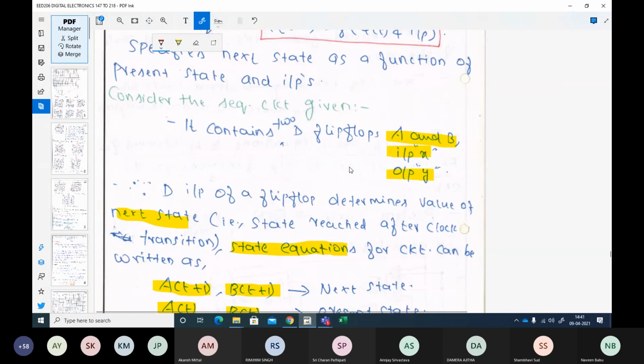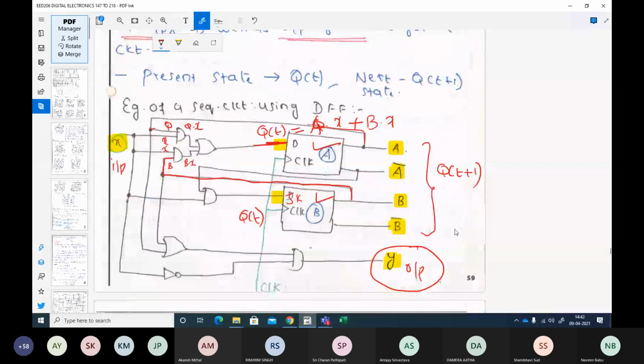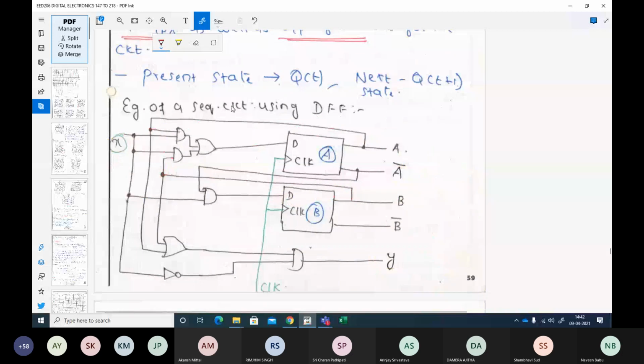Now similarly for b, let me erase the inks. Okay. Now similarly, let me write the input for my b flip-flop. So this is AND of something, and where is this coming from? This is coming from a bar. So this line is a bar, and this line corresponds to x.